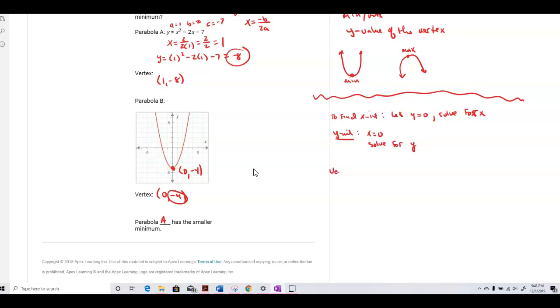And then the vertex: number one, find x. And once you find x, plug that value in to find y. And remember, to find x, you can either average the x-intercepts, or you can find the x value by doing the opposite of b over 2a.